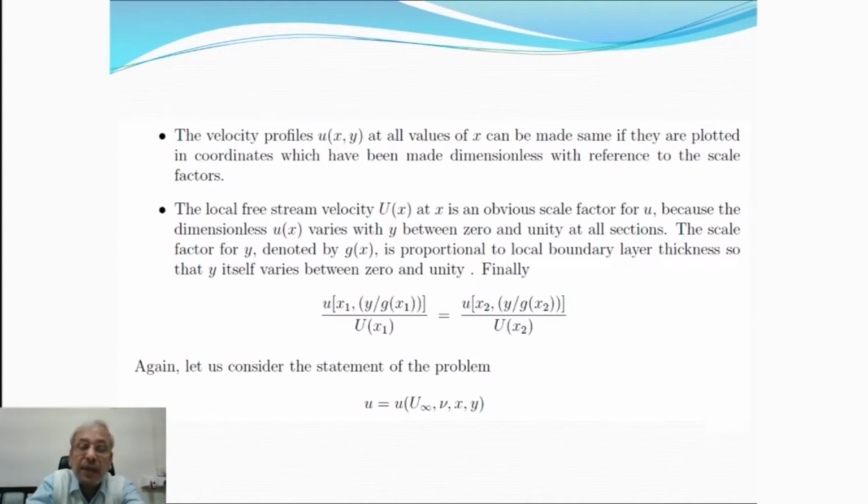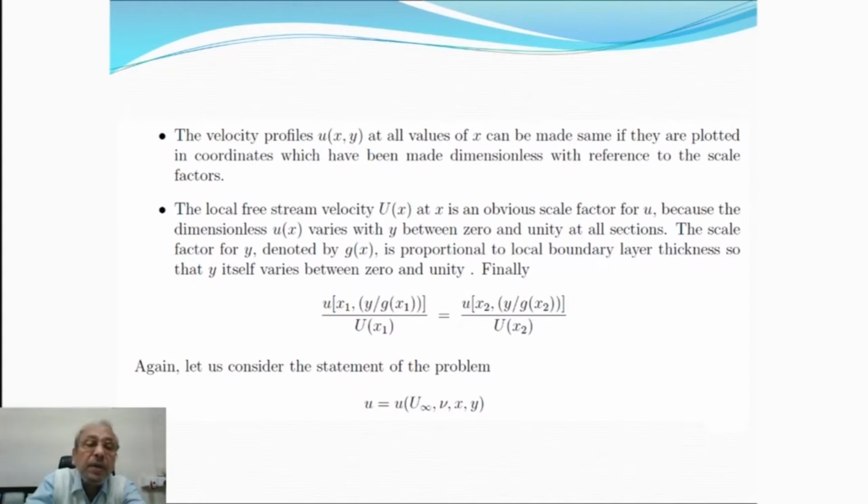It will be a function of x, but it will be unaffected by viscosity. So the free stream, in more general terminology, can be expressed as uppercase U as a function of x.